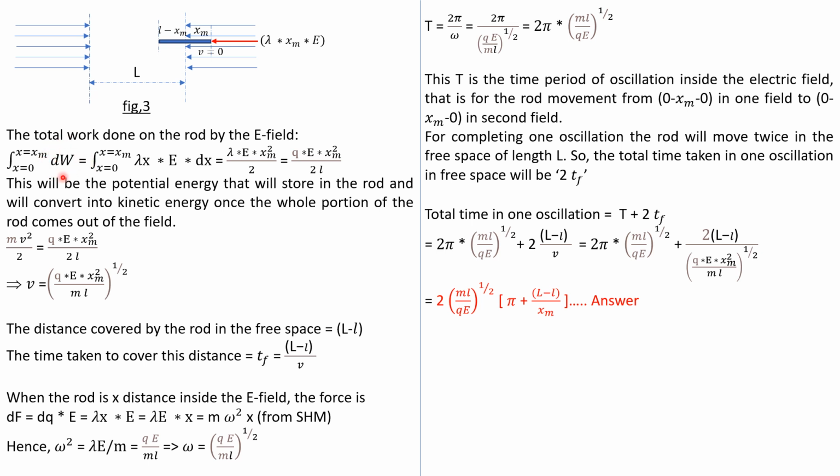For x from 0 to xm, put the value from the previous equation, lambda x into E into dx, integrate it, and you will get this expression: q into E into xm square divided by 2 into small l.